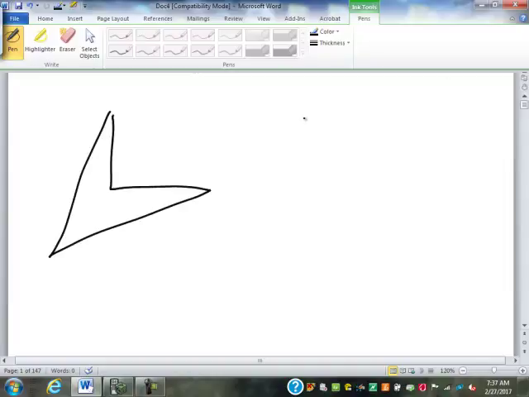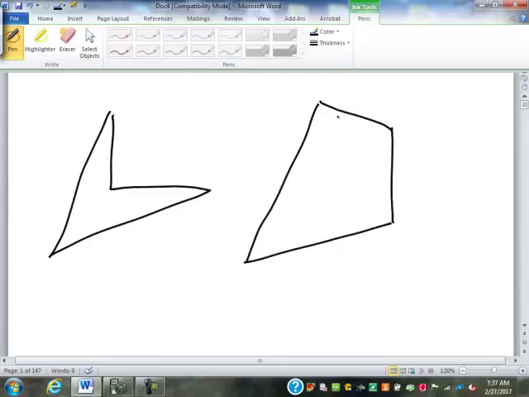For example, similar polygons. These two figures here have the exact same sides.